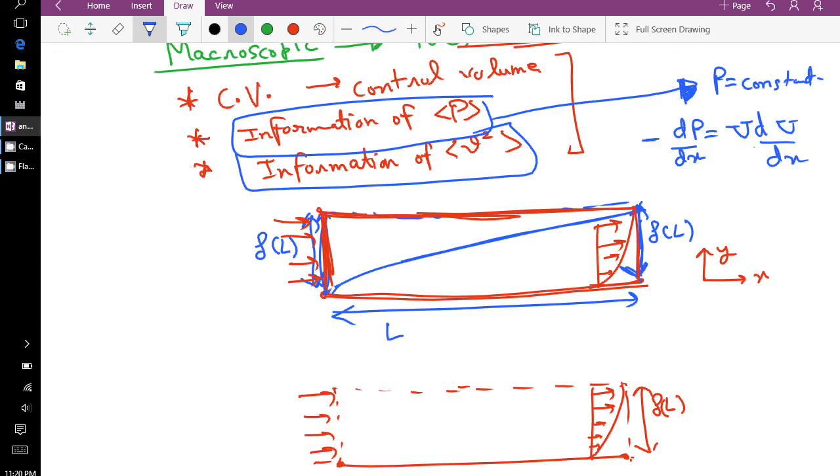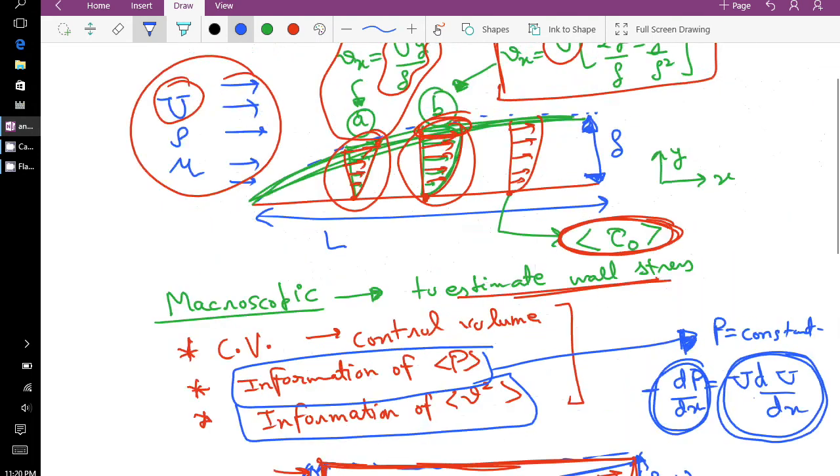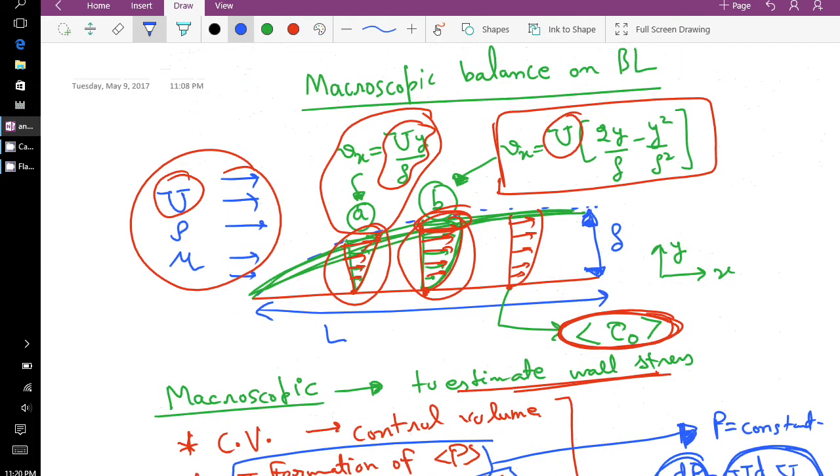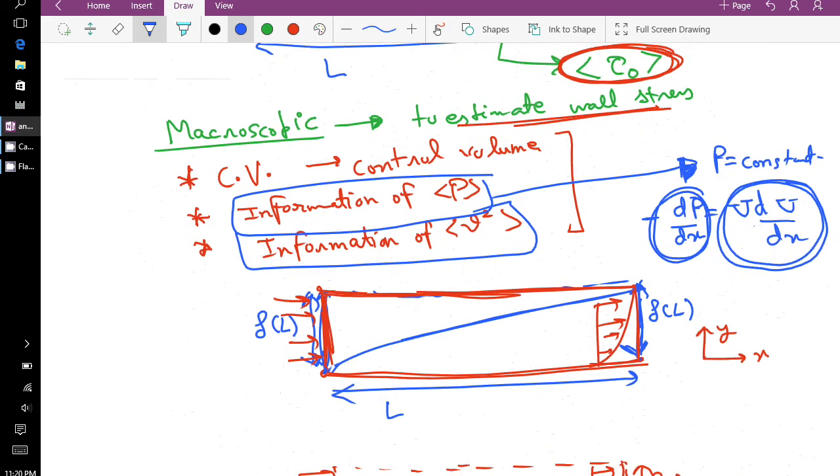If there is some change in the free stream velocity, we have some change in pressure, but the free stream velocity stays constant over a flat plate. If it were a curved plate, there would be some change in pressure, but because this is a flat plate, du by dx is 0, so dp by dx is 0.